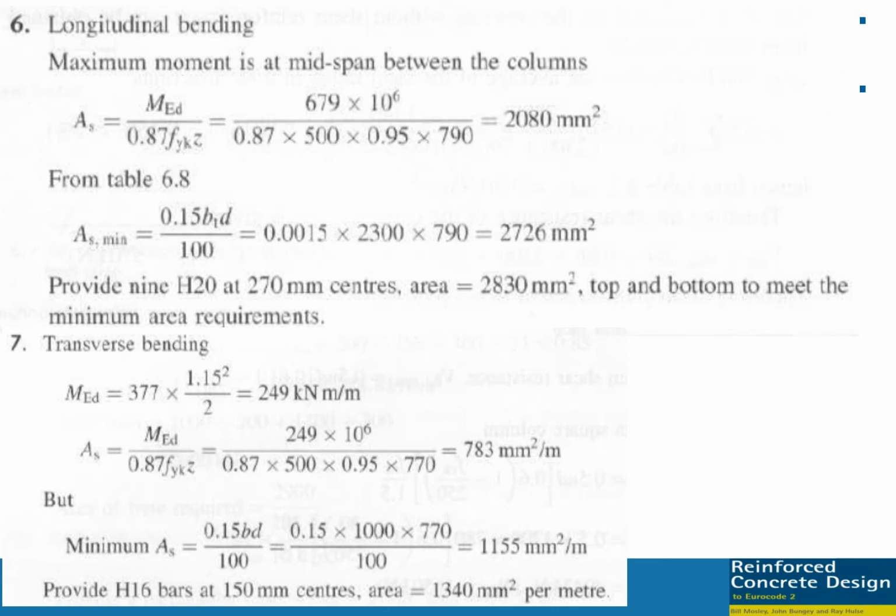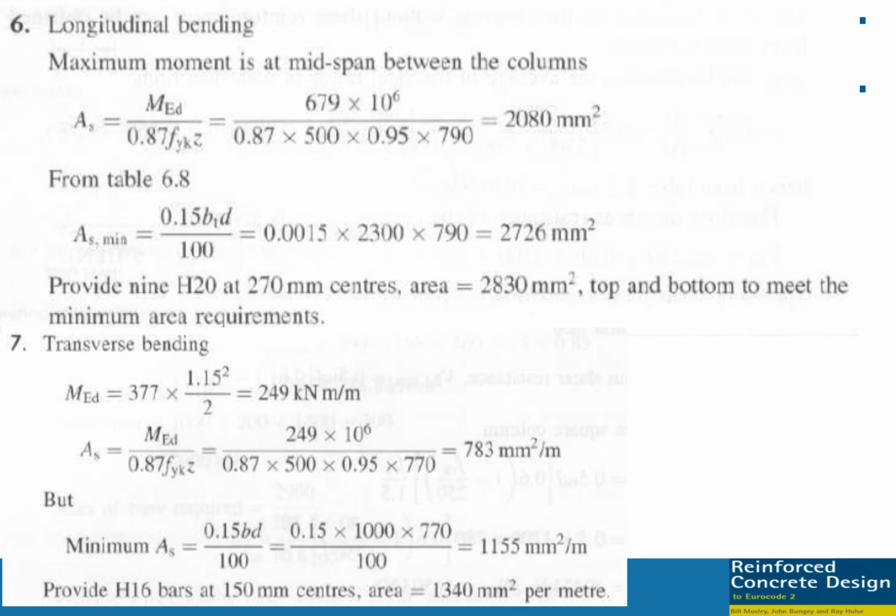Okay, and then 377 multiplied by 1.15 multiplied with the location of the center point, 1.15 divided by 2, so that we have 249 kilonewton meter.